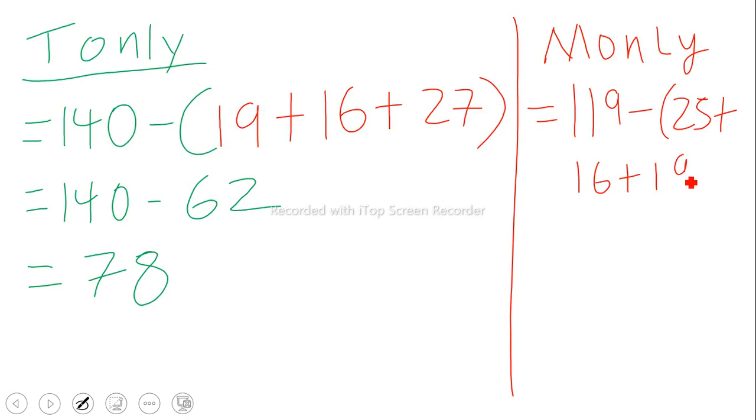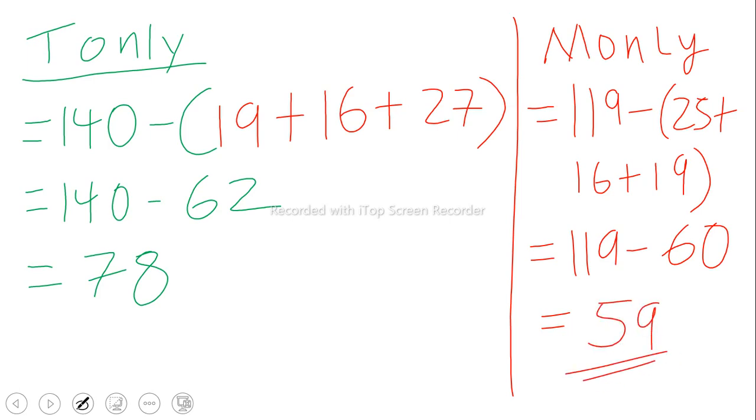It's going to be equal to 119 minus, what is 25 plus 16 plus 19? I got 60. 25, 16, and 19, that's 60. Yeah, 60, sorry.